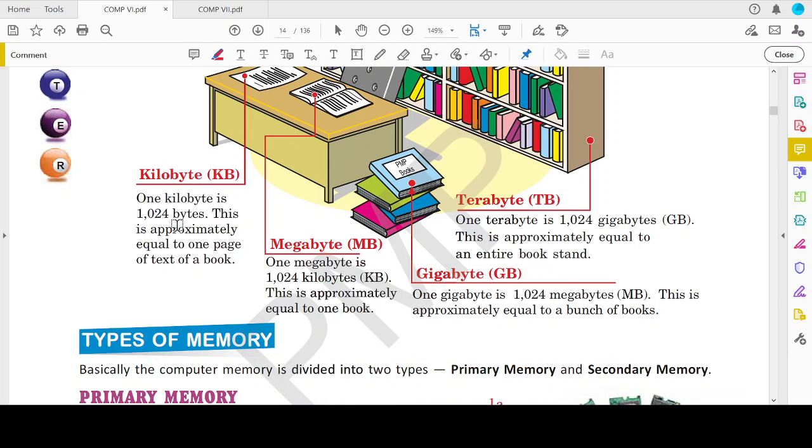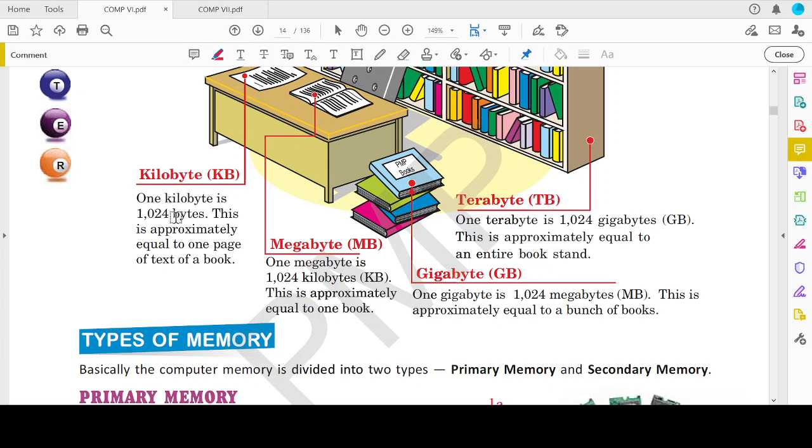Means how many characters? 1024 characters. 1 character is equal to 1 byte. So up to 1024 characters it can store in a KB. Again I am telling, if it is having some pictures or if the resolution is high, then it may be 2 KB or 3 KB or 5 KB.